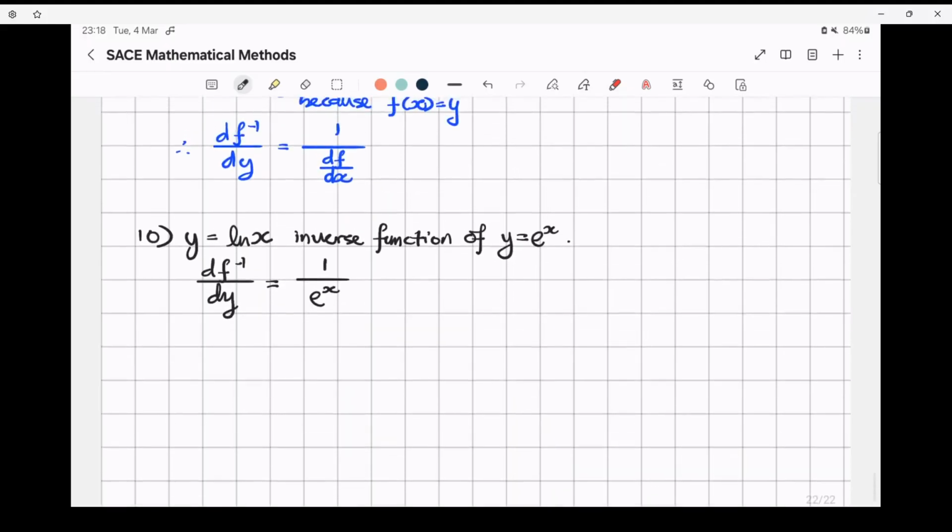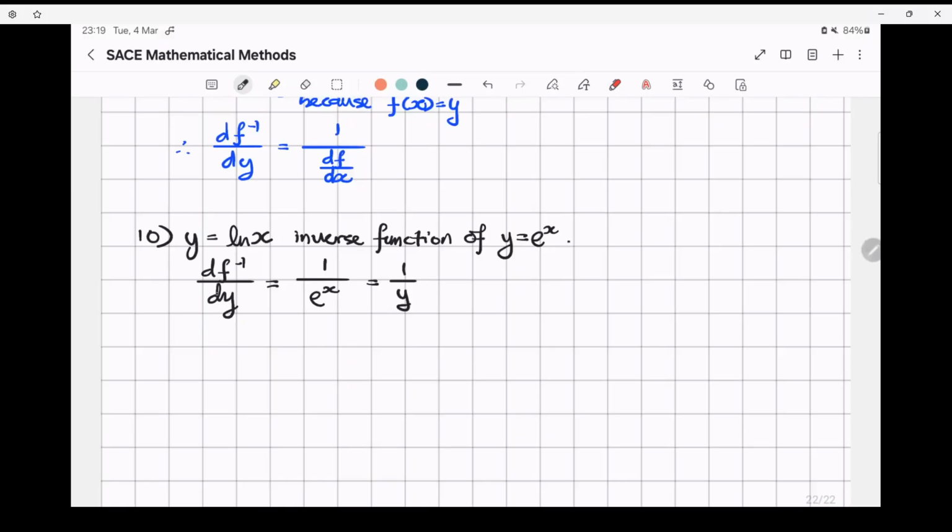So we also know that when y equals e to the x, what we can write is this is equal to 1 over y, because y equals e to the x.